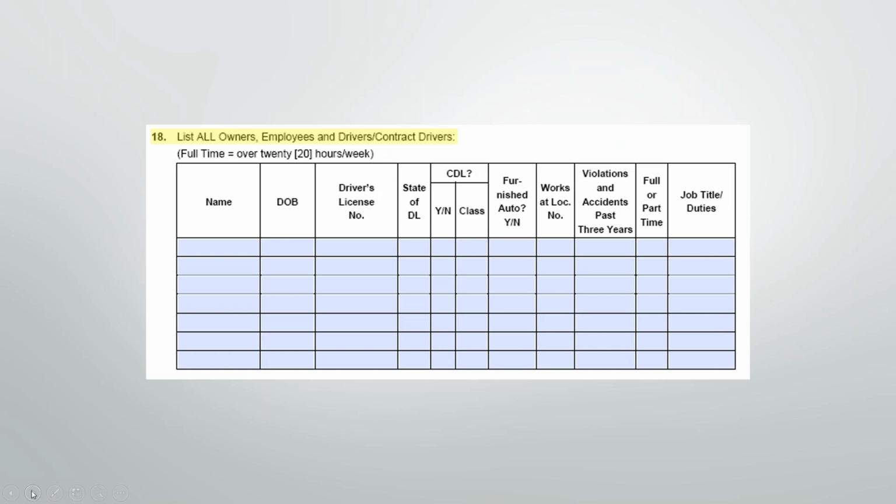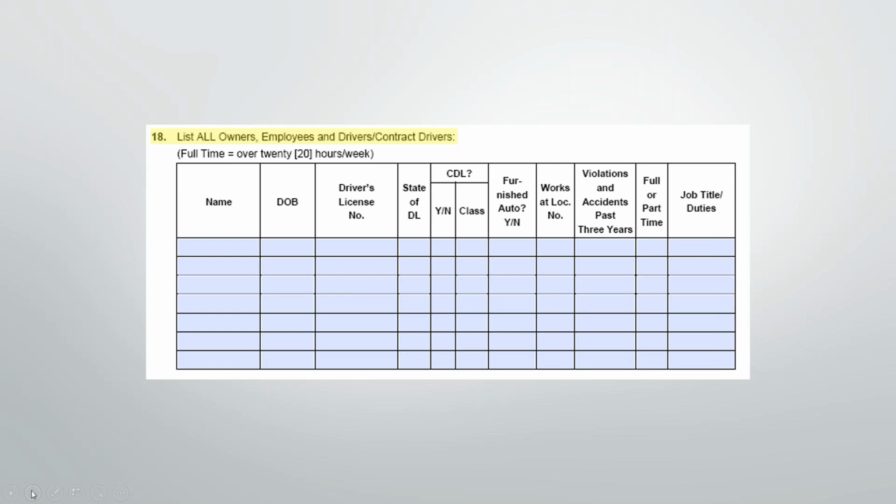All right, this is an extremely important one to me. This is how I rate the garage liability. If I don't have this information, I'm not going to be able to help you, and we're just going to be going back and forth via email or phone trying to get this information. I need a list of the owners, the employees, and the drivers.